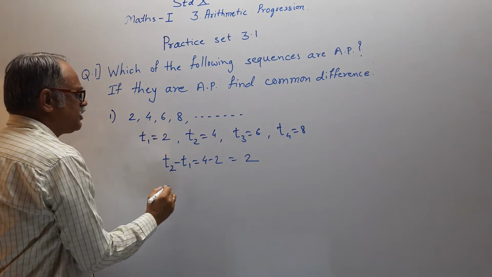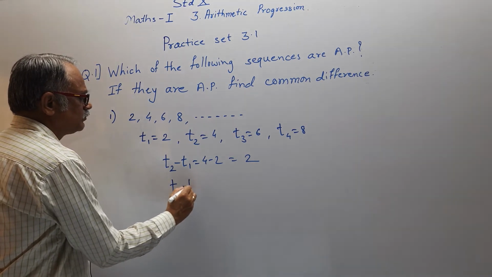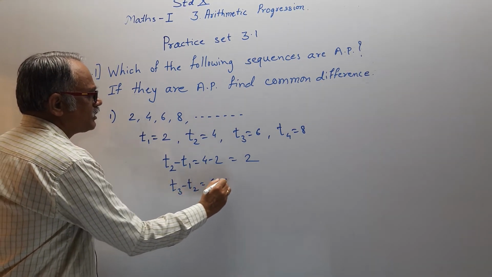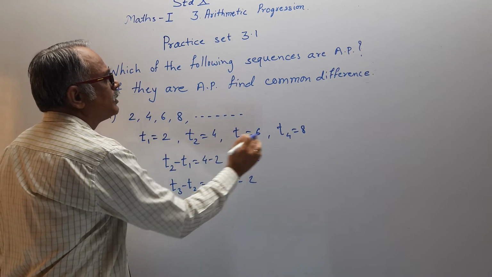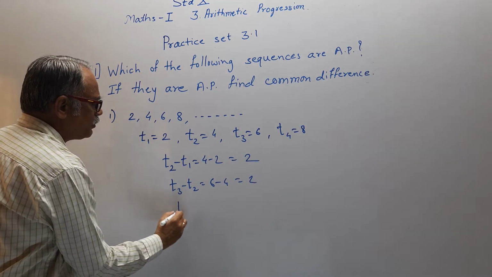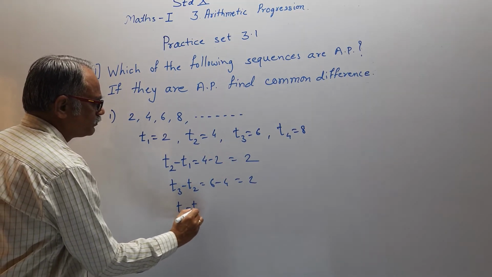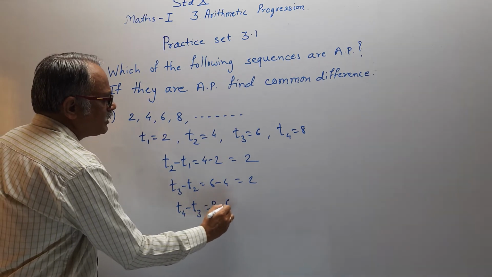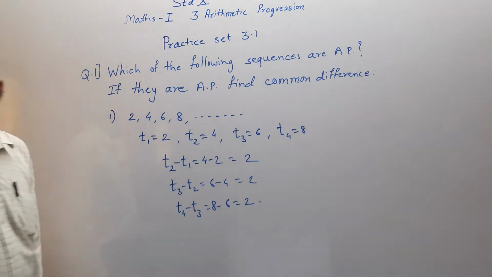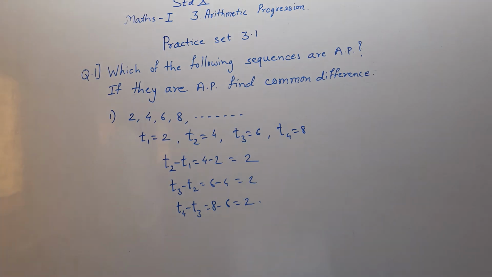T3 minus T2 equals 6 minus 4 equals 2. T4 minus T3 equals 8 minus 6 equals 2. What does it mean? The difference is the same for all the given consecutive terms.